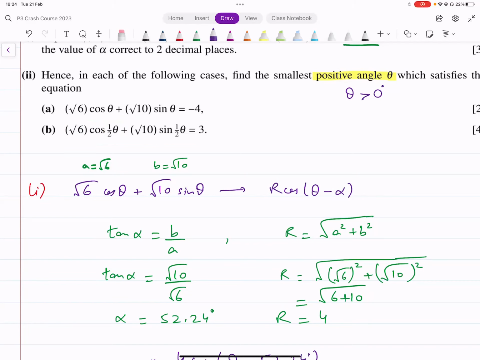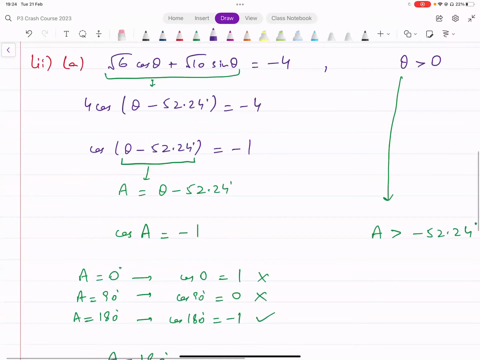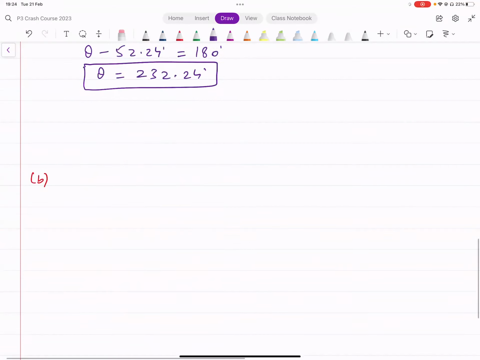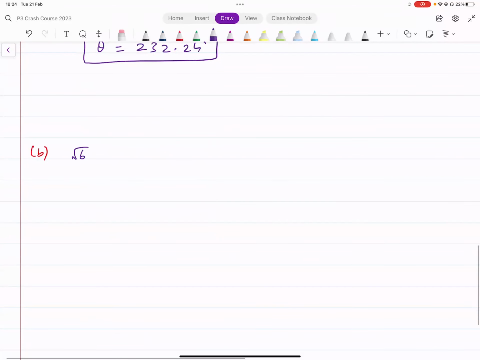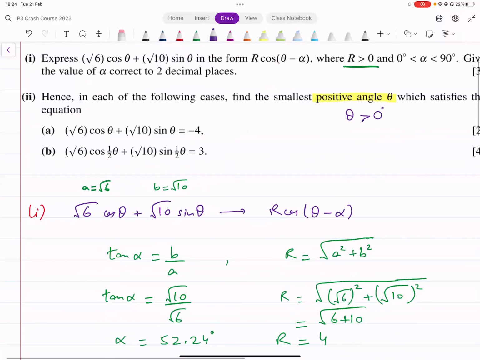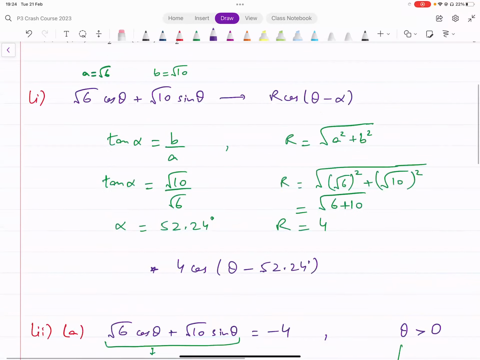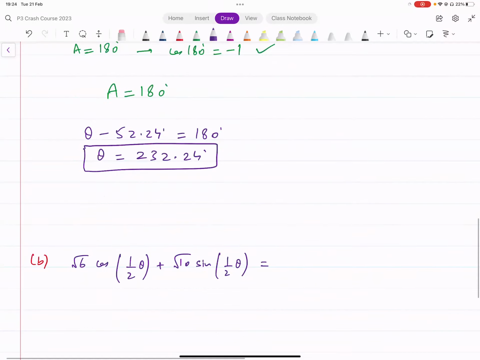Let's think about this. Again, I'm going to write down this equation here first. The equation is square root of 6 into cos of half theta plus square root of 10 into sine of half theta, and that equals 3.